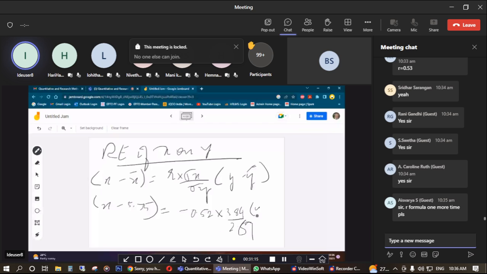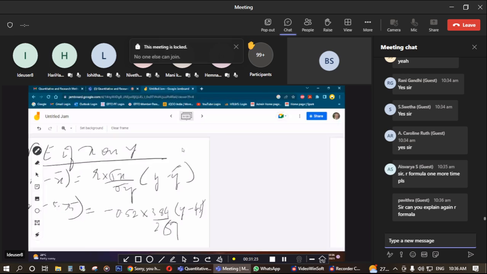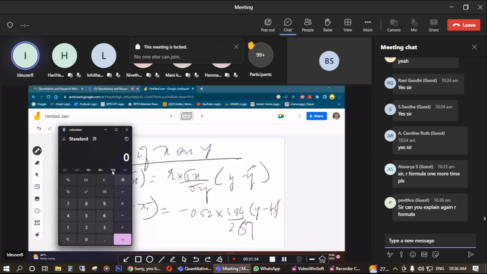Y bar is 4.5. Now don't leave this equation like this, simplify it. How? X minus 5.75 is equal to minus 0.52 multiplied by 3.84 divided by 2.69.